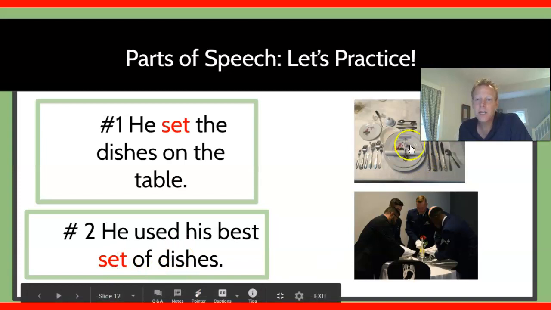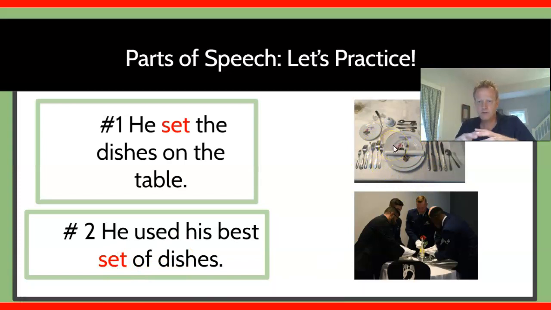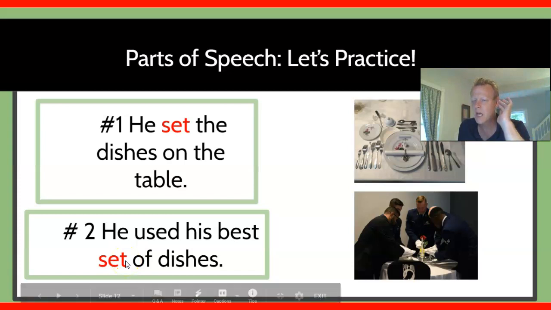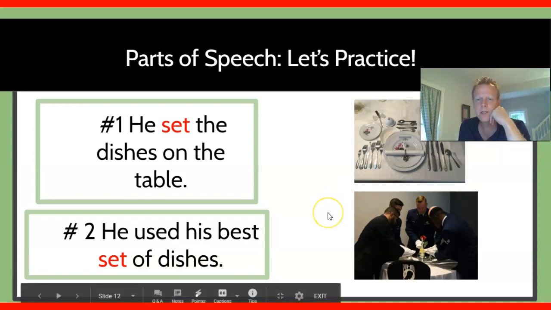In this situation, it's talking about a group of dishes that are beautiful. My mom had a china set of dishes that only came out on special occasions. In this situation, set is a, what do you think? It's a thing. It's a noun. Very good.